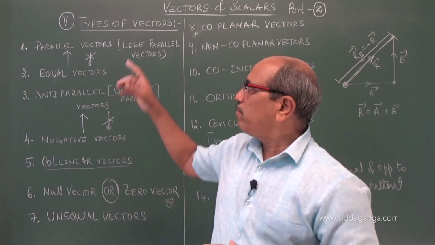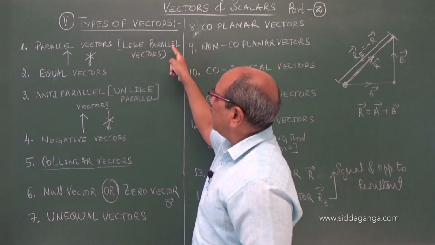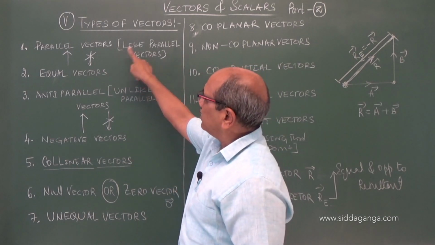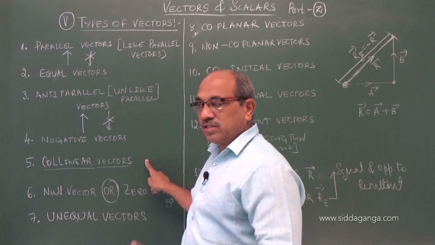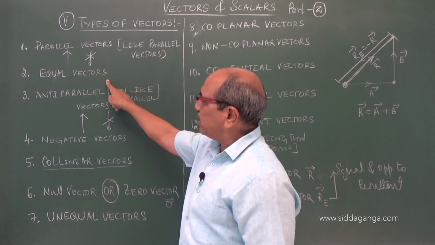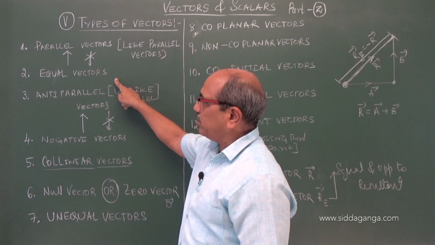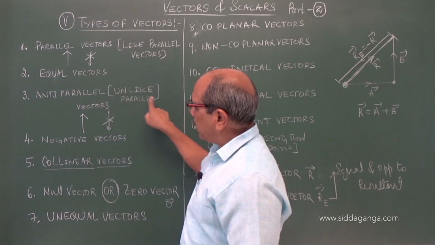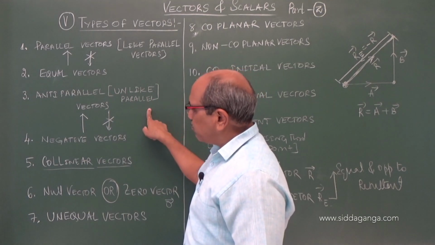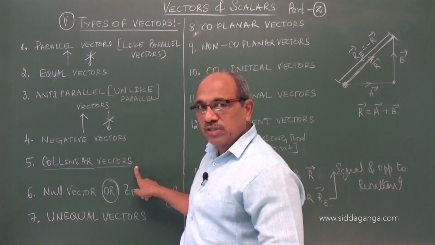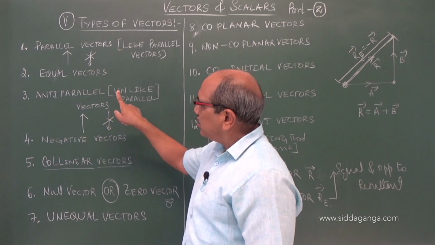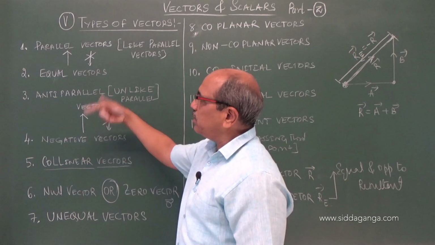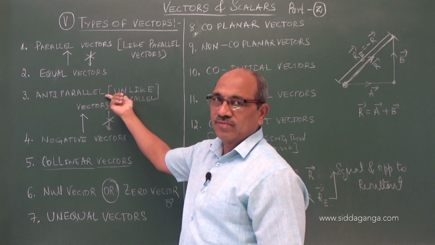Parallel vectors, or like parallel vectors, or collinear vectors, are the same. Equal vectors seem to be the same as parallel vectors, but should have the same magnitude. Anti-parallel vectors, unlike parallel vectors, collinear vectors, no difference, same. But unlike parallel vectors cannot be negative vectors. Negative vectors may be anti-parallel vectors.